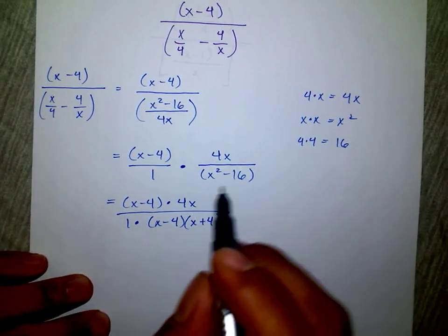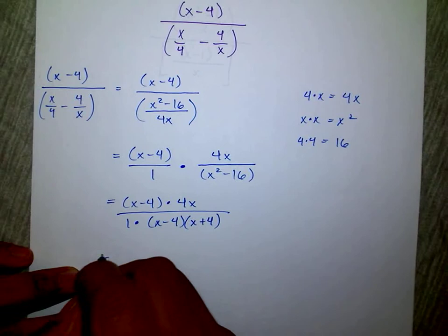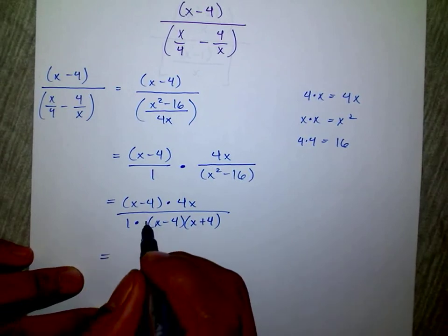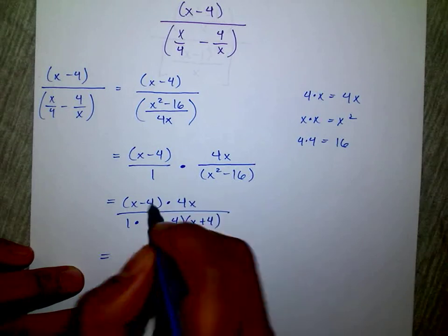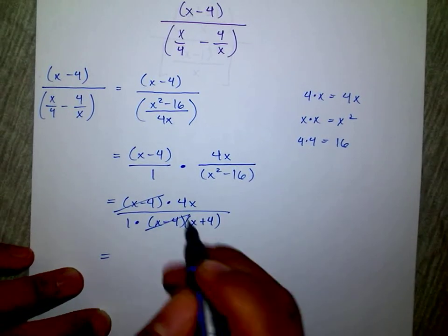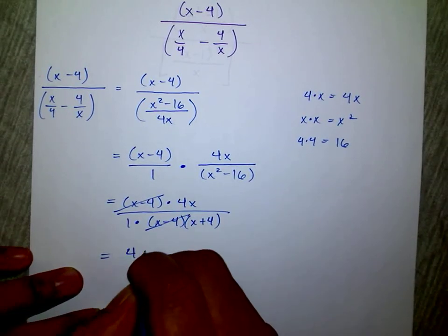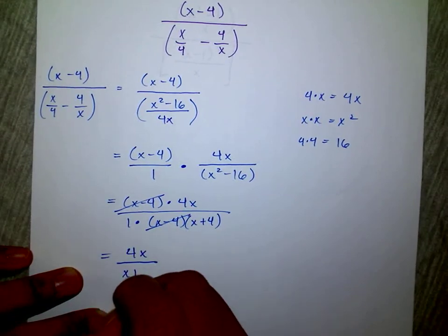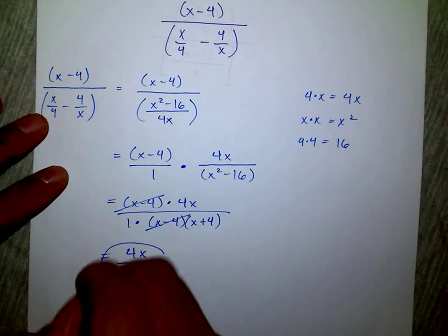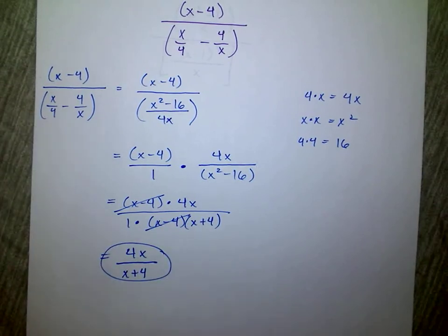Now we can go ahead and simplify, get rid of our common factors on the top and the bottom. x minus 4, x minus 4. So I'm left with 4x over 1 times x plus 4. So there's my final answer, and I'm done.